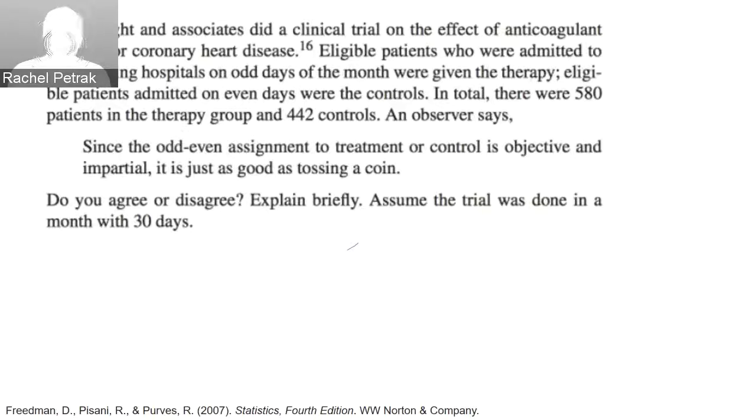And in this case, if we add our two groups together, 580 plus 442, we know that the total participants are 1,022.